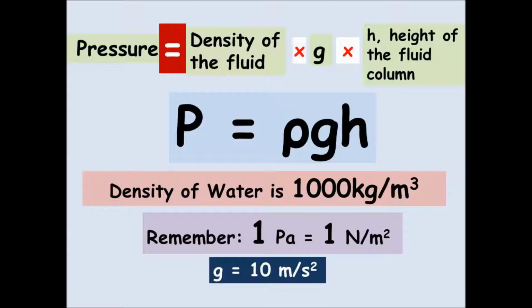You studied in chemistry that it was 1 gram per cubic centimeter. Now we're going to understand that it's 1,000 kilograms, 1 metric ton per cubic meter. And 1 Pascal, named after a scientist, equals 1 Newton per square meter.